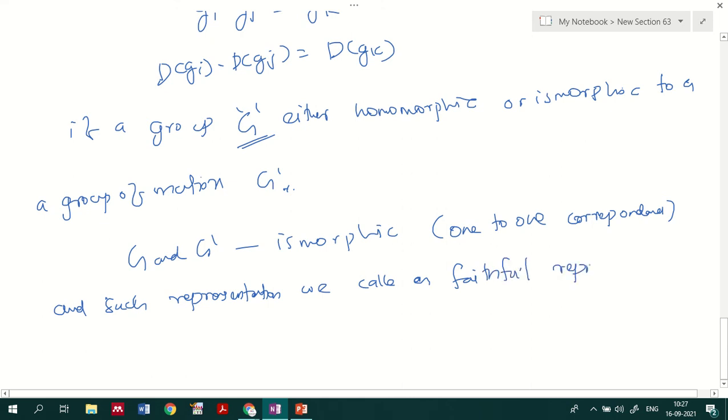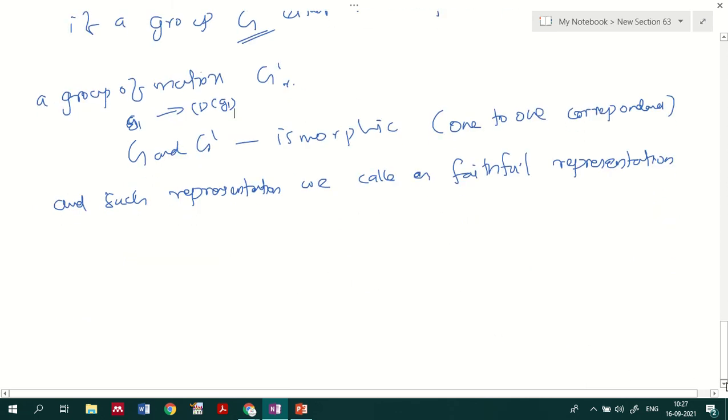If you take an element of G dash and the corresponding d of g1 dash, and you find a one-to-one correspondence, then that is isomorphic, and such a representation between G and G dash is a faithful representation.